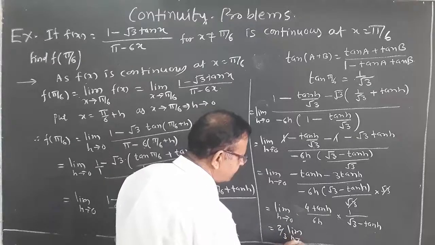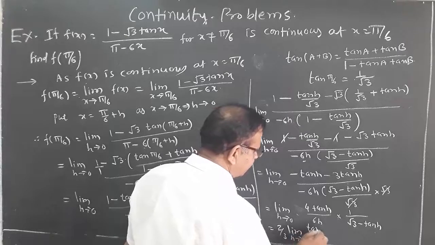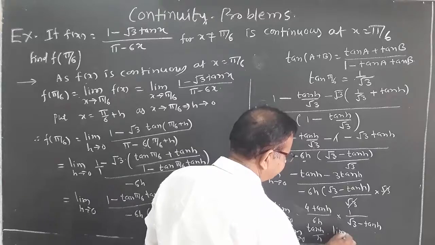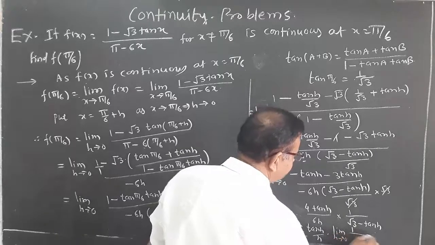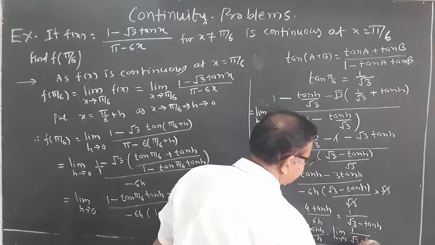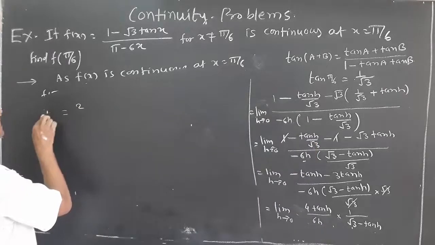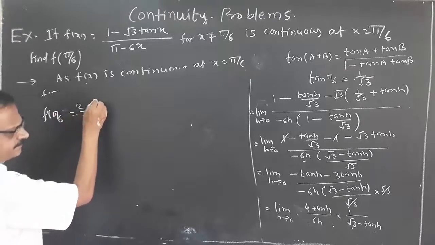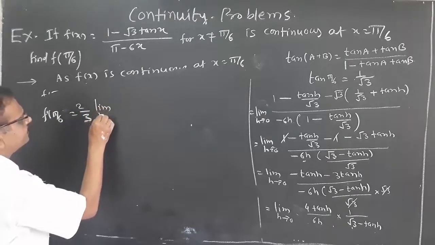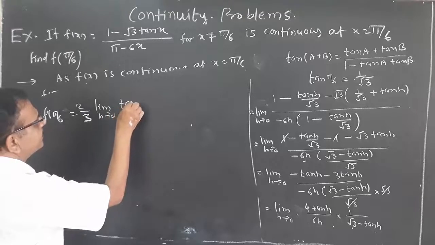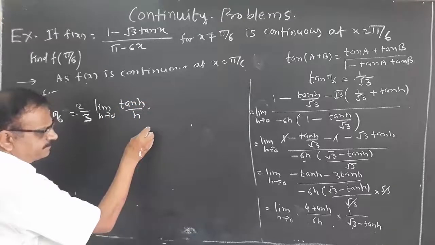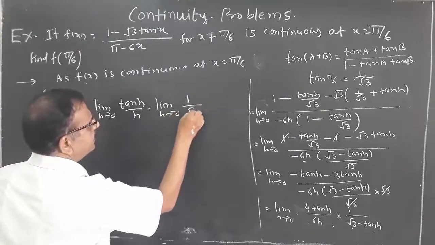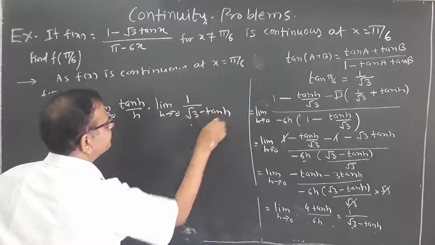limit h tends to 0 tan h by h into limit h tends to 0 1 by root 3 minus tan h. f of pi by 6 equals 2 by 3 limit h tends to 0 tan h by h into limit h tends to 0 1 by root 3 minus tan h.